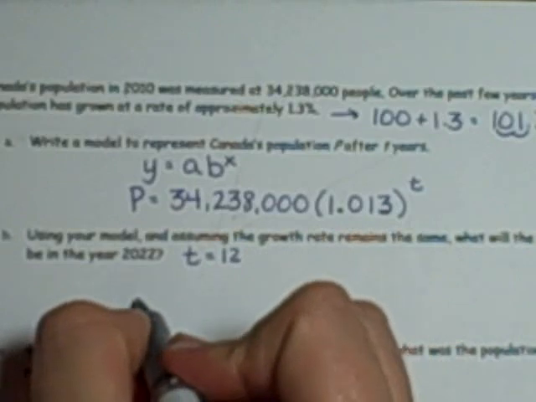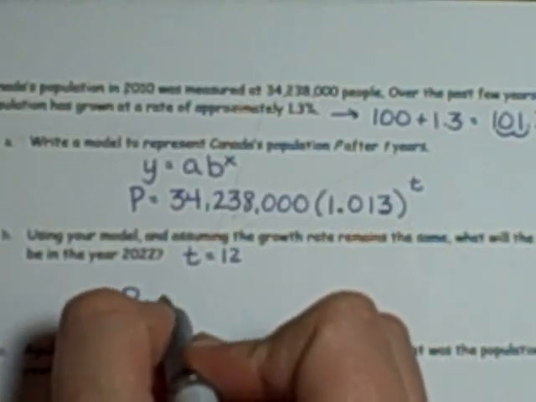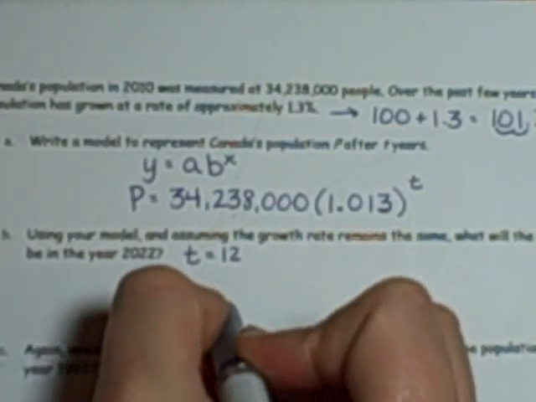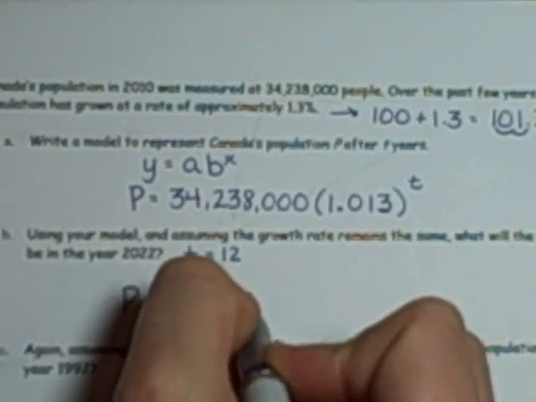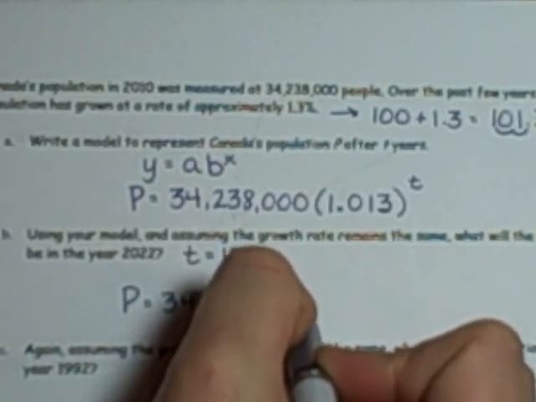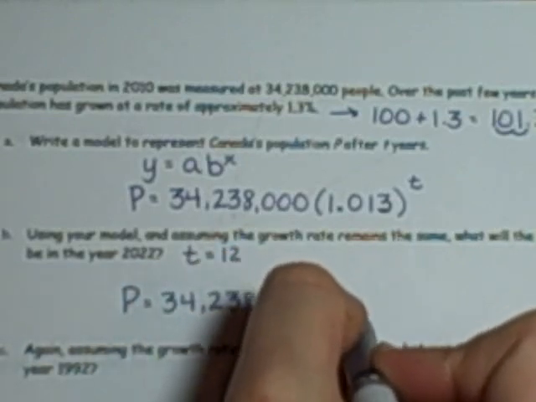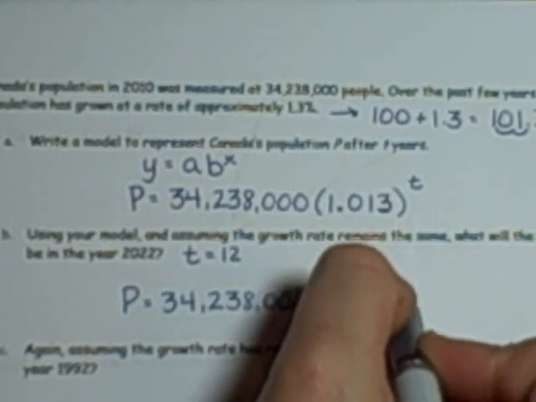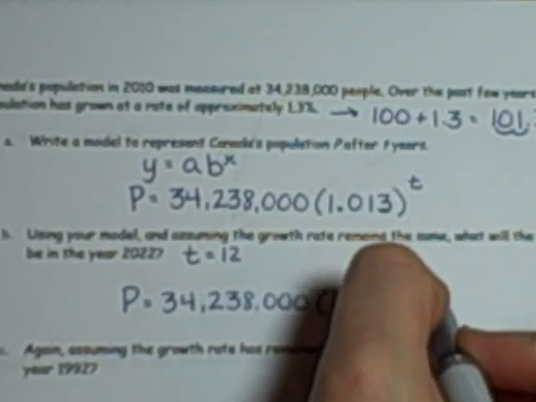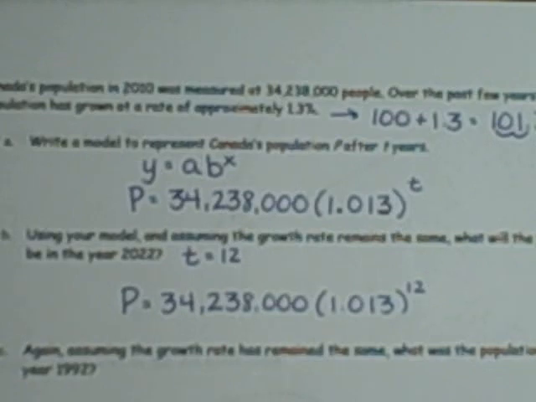So that means I'm going to do this formula again. 34,238,000 times 1.013 to the power of 12 for 12 years. And that can go straight into your calculator. I'm just typing away over here.